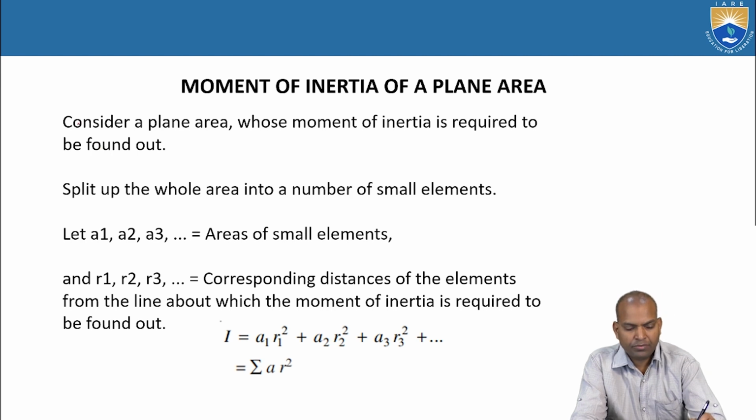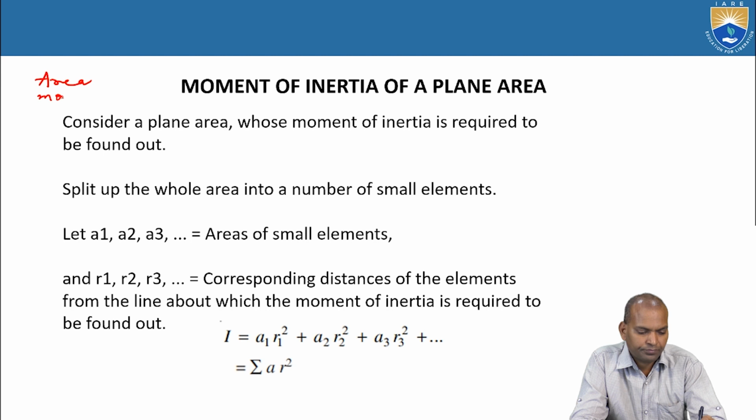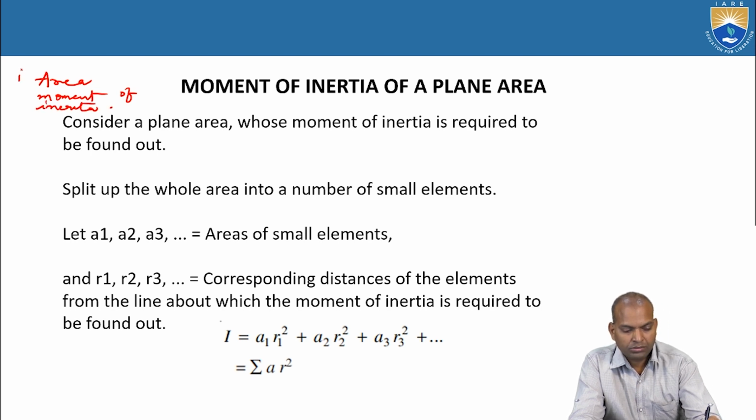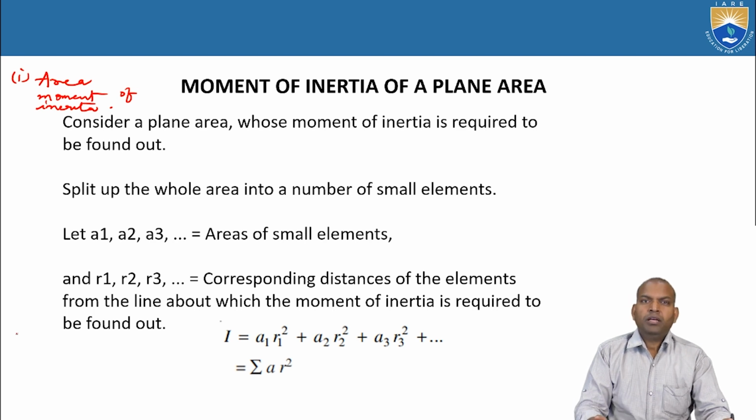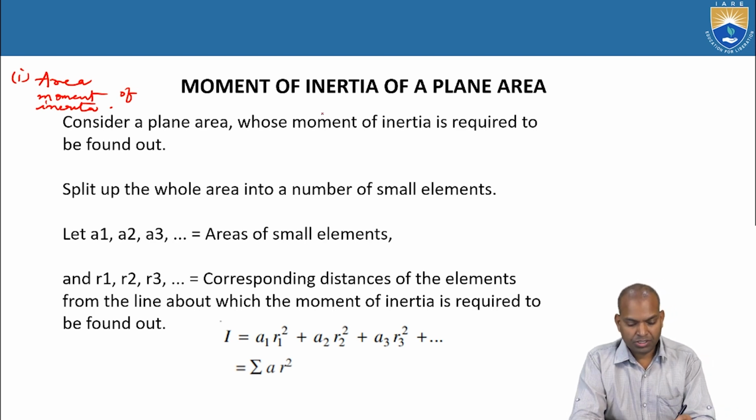Now, coming to the types of moment of inertia, there are two types. One is based on the geometry. If it is related to plane areas, it is known as the area moment of inertia.